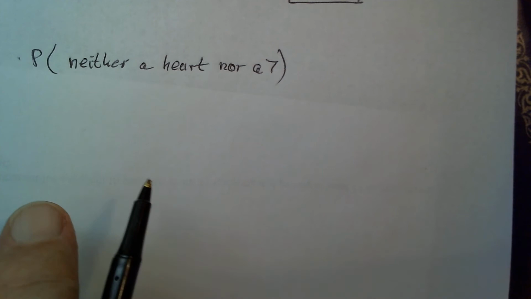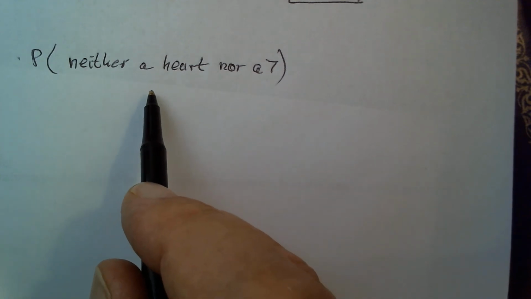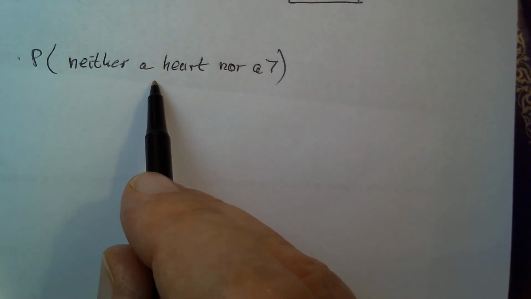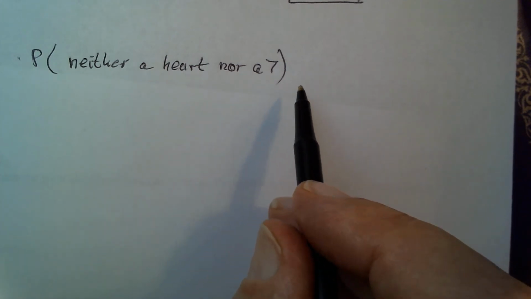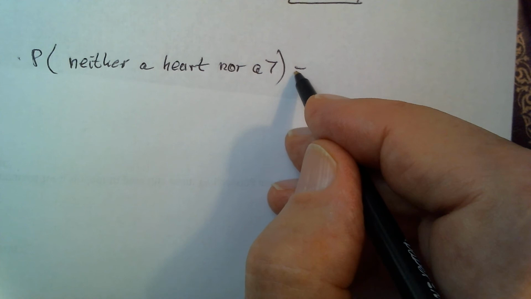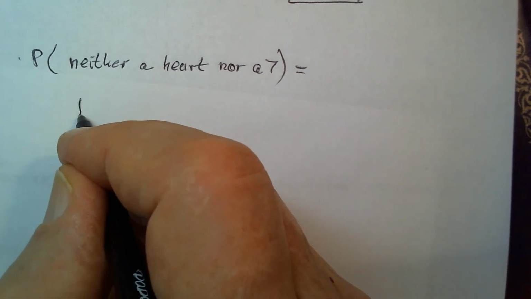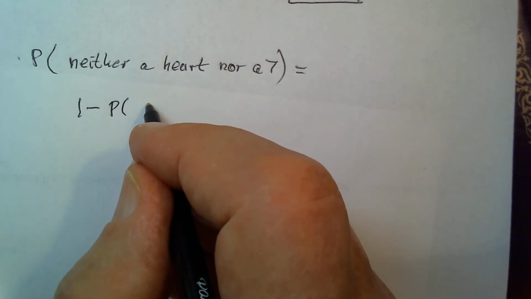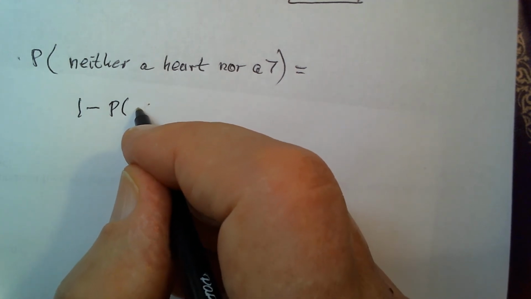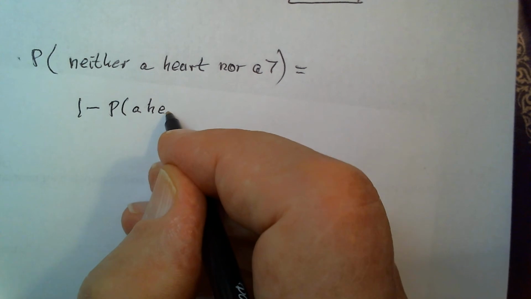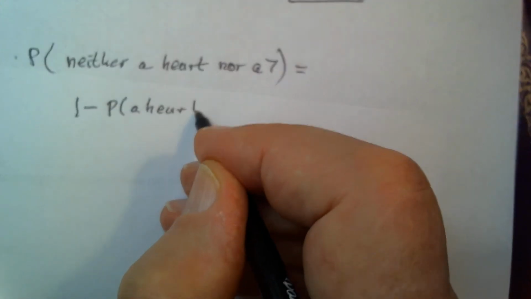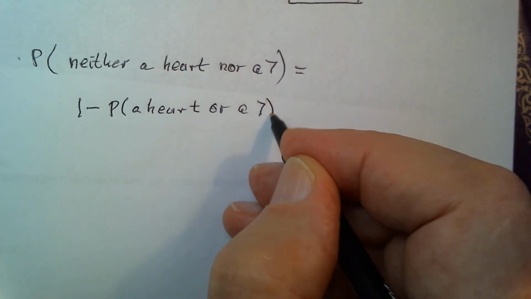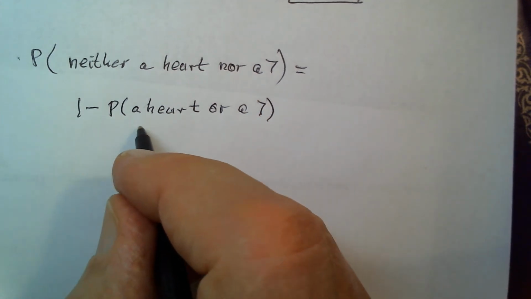Another question would be, what is the probability of drawing from a standard deck of 52 cards a card that's neither a heart nor a 7? Well, we can write that as 1 minus the probability of a heart or a 7. So let's look at that probability here.